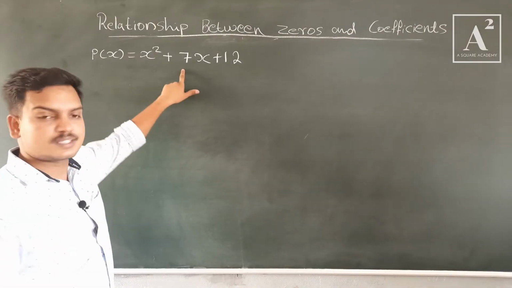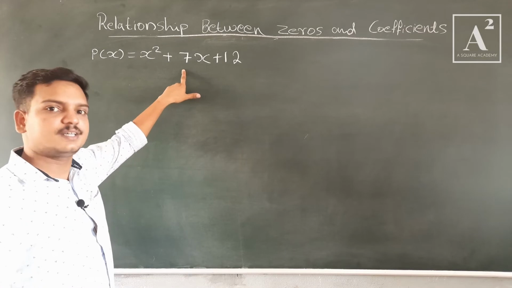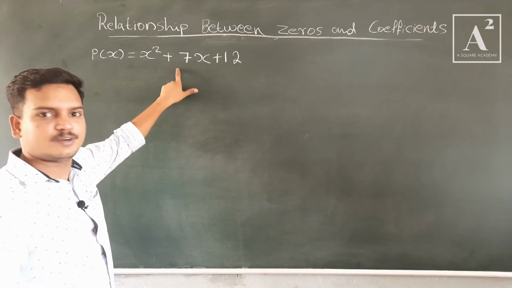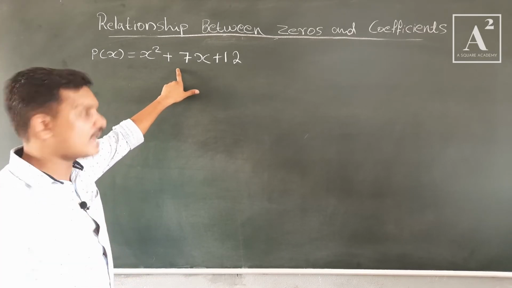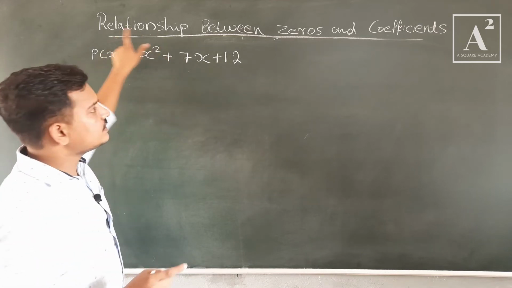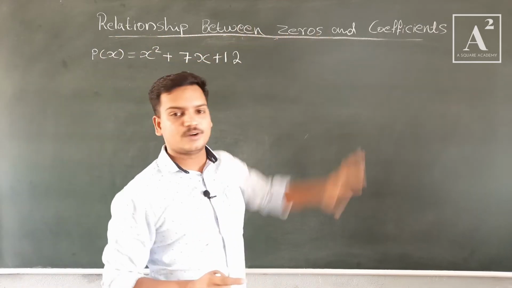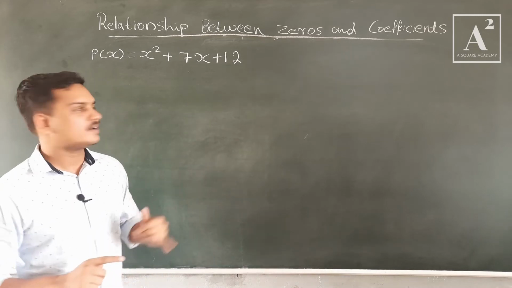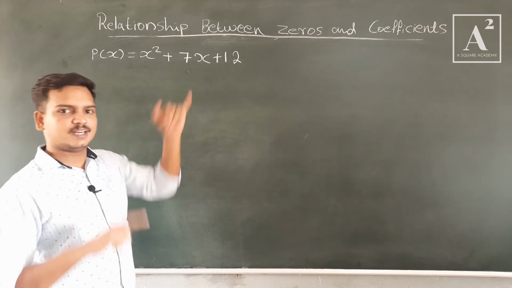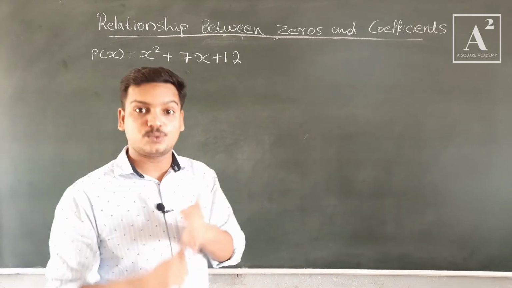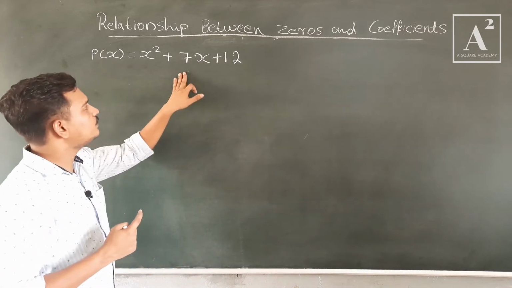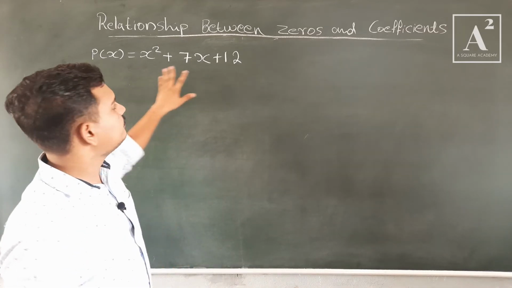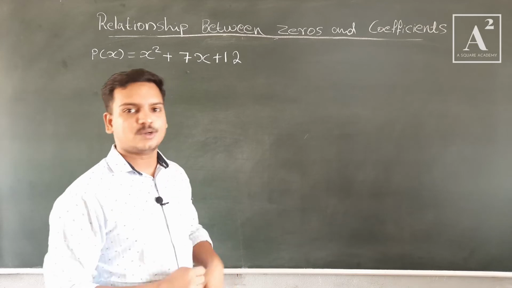Find the zeros of this polynomial. You know how to find the zeros of a polynomial, and verify the relationship between zeros and coefficients. So two questions are there. In this polynomial, first we want to obtain the zeros, and soon after that, verify the relationship between the zeros and the coefficients.